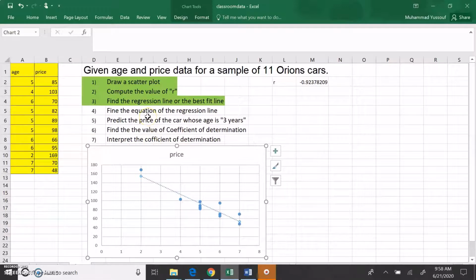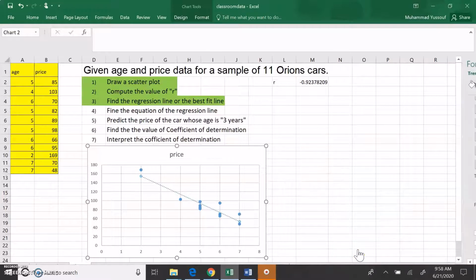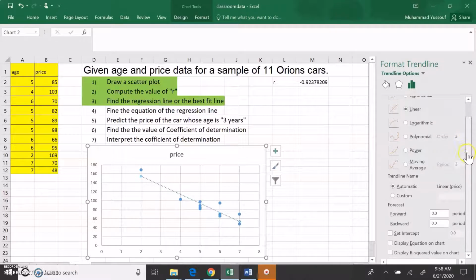So how are we going to find the equation of the regression line? We click on this green plus symbol, we go to trend line. You see an arrow here, you click on this arrow and you go to more options. When you go to more options, this dialog box appears, and you go to the very last two options.